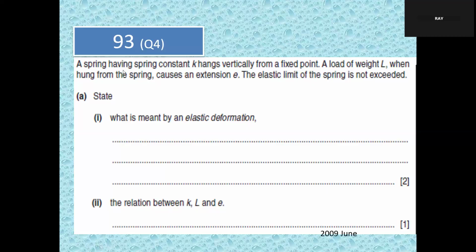Okay. A spring with spring constant K hangs vertically from a fixed point. A load of weight L when hung from the spring causes extension E. The elastic limit of the spring is not exceeded. What is meant by elastic deformation?